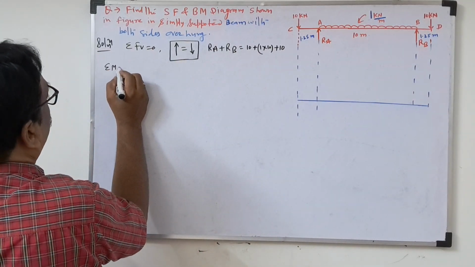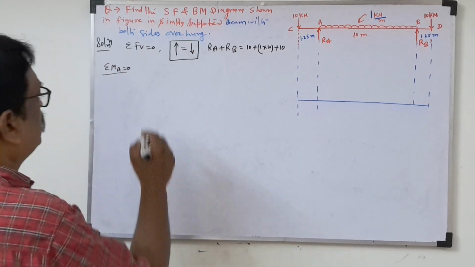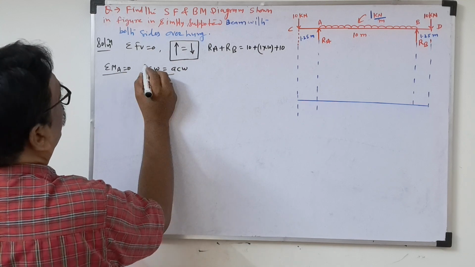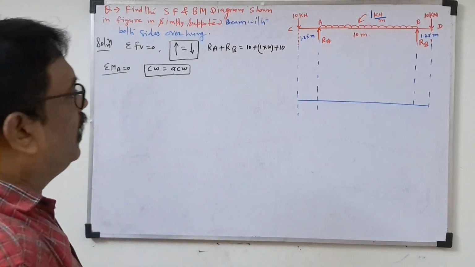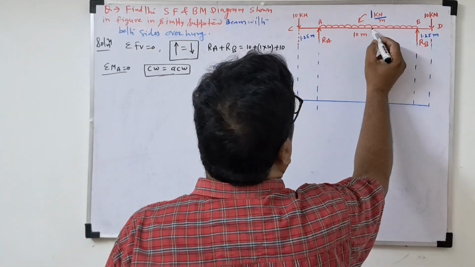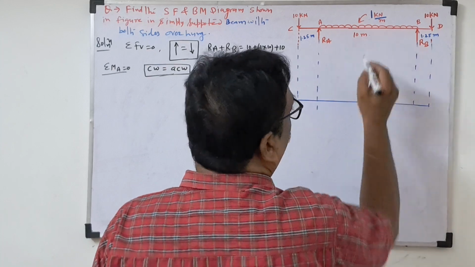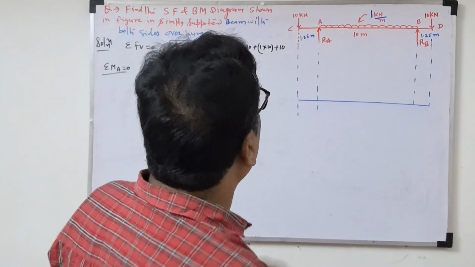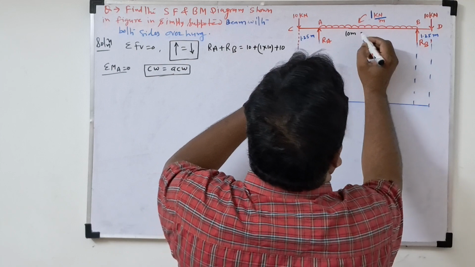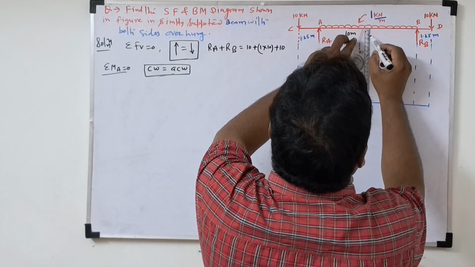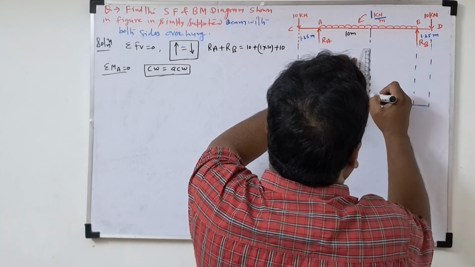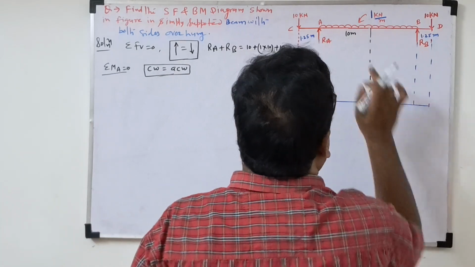Now we will take moment about A equal to 0. That means total clockwise is equal to total anti-clockwise. Another thing we are seeing here: if we take the middle point at 5, the length is 10 meter, so this will be symmetrical. The beam itself and the load itself will be symmetrical. 10 is there, 1.25 is symmetrical.